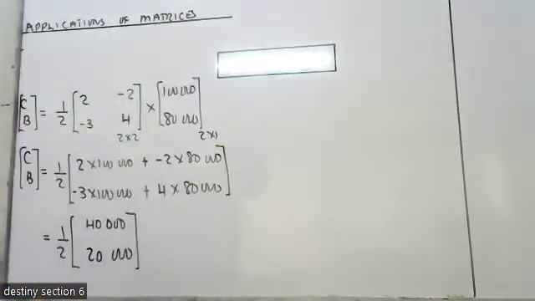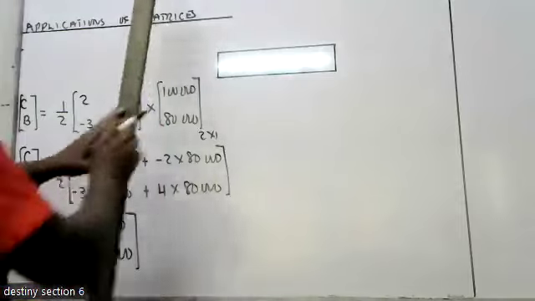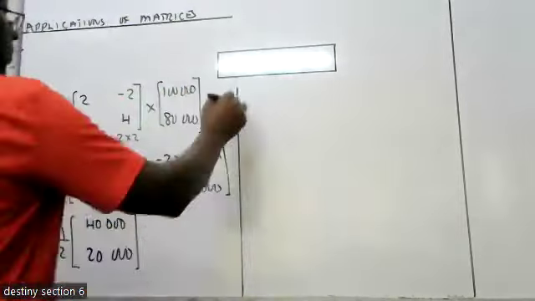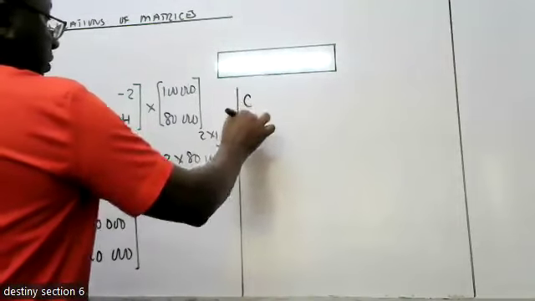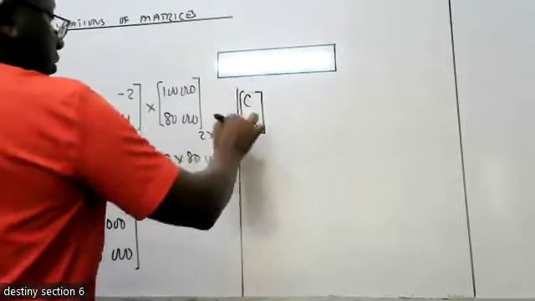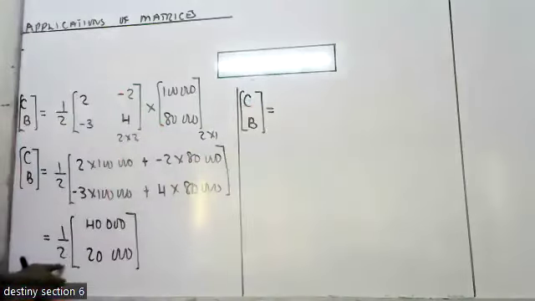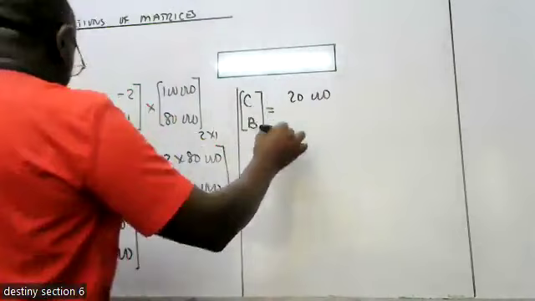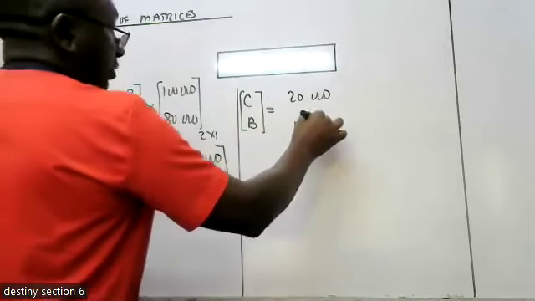So proceeding with my workings, I now say CB. When I open these brackets, I'm going to have 20,000 and 10,000 here.